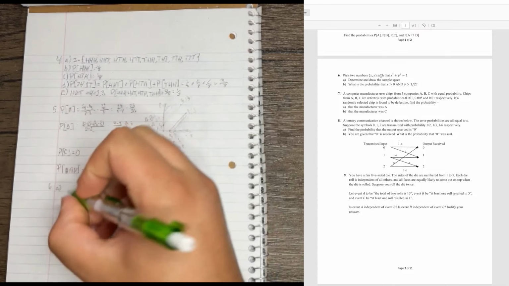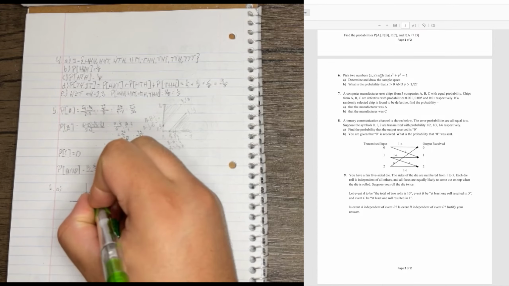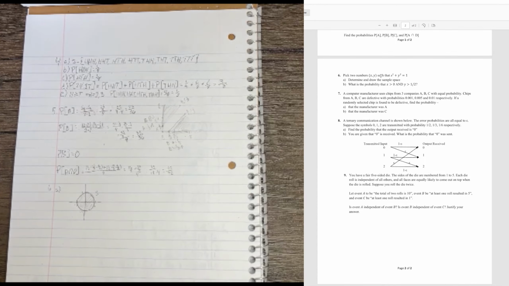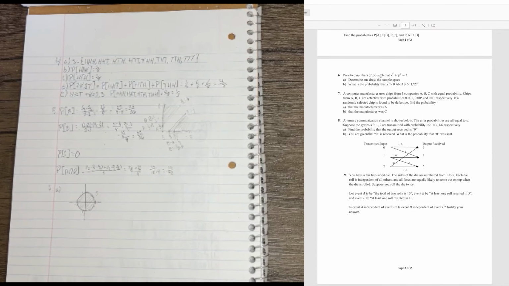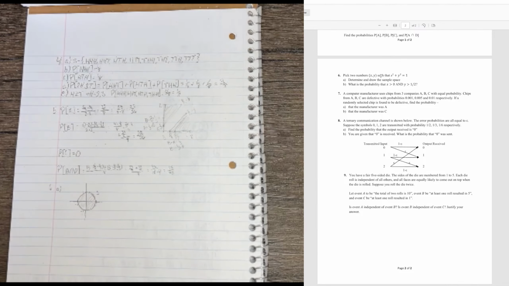Yeah, it's just a unit circle though. If you pick -1 for one of them, the other one will still be 0 and it'll still be valid.